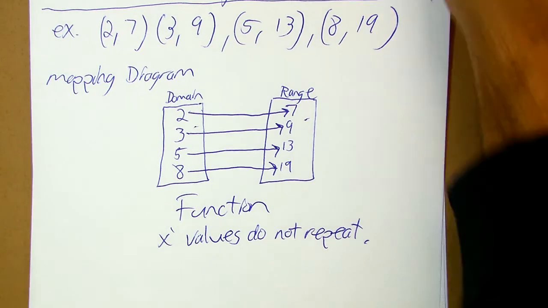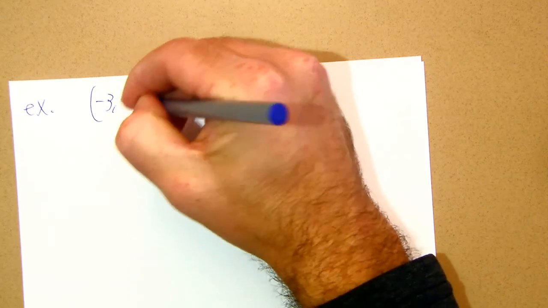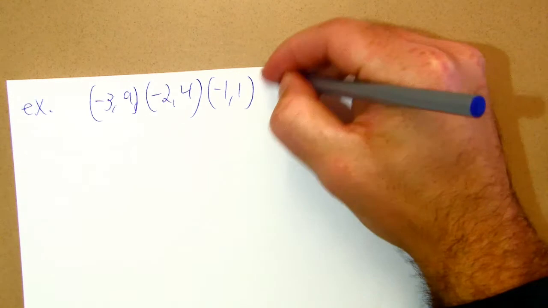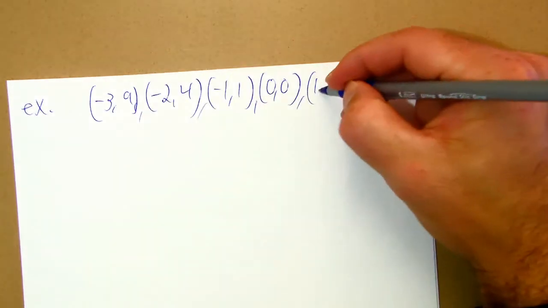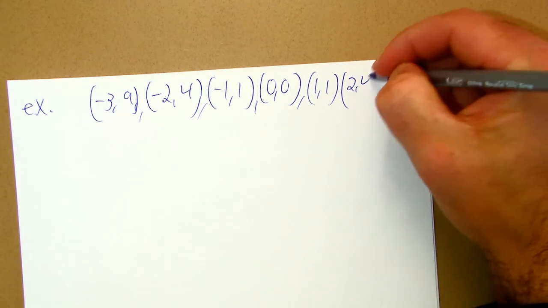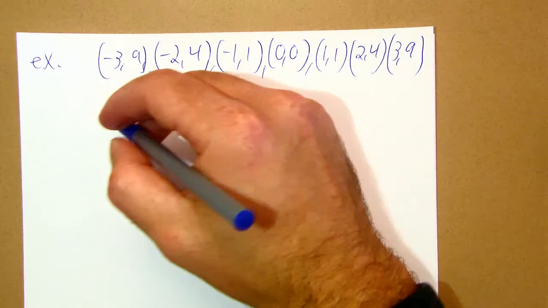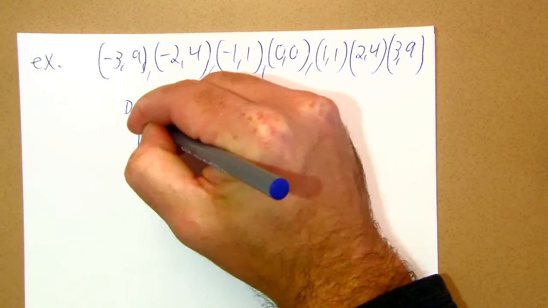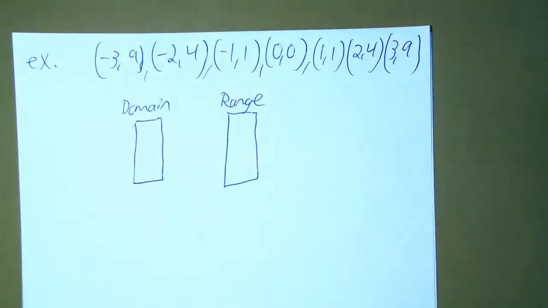All right, so let's do another one of those mapping diagrams. So again, you got to create these boxes for domain and range.